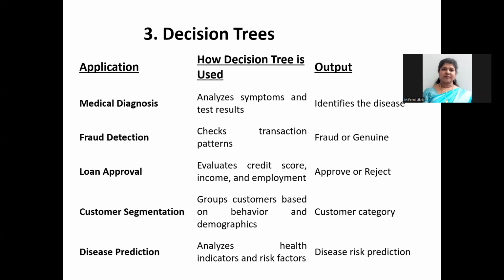Then customer segmentation. Customer segmentation means a decision tree will group the customers based on their characteristics and purchasing behavior. If the age is less than 30 and the person frequently buys electronics, then you can tell that he is an energetic, technology-enthusiastic young girl or boy, whatever it is.